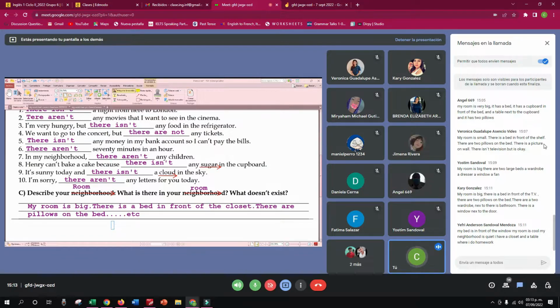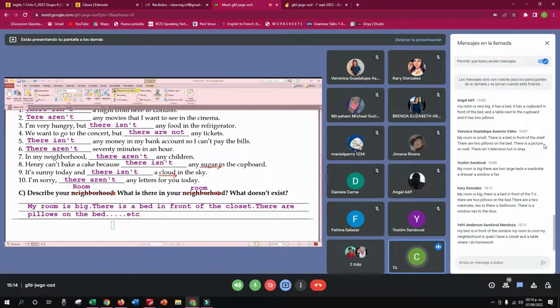También recuerda, siempre que inicies un texto, un párrafo, una oración, hazlo con inicial mayúscula y recuerden para todos, chicos, el pronombre I siempre va a ir en mayúscula, ¿ok? Aunque esté en medio de la oración, esté al final de la oración, siempre va a ir con inicial mayúscula, ¿ok?